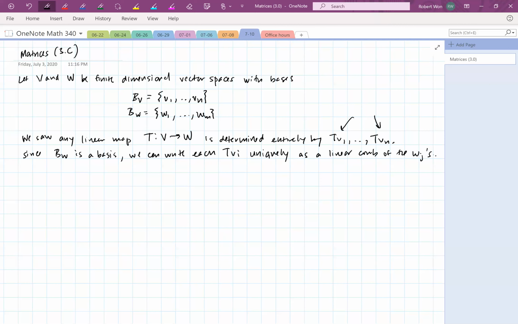So if we just record that information, right, how to write the TVI as a linear combination of the W's, that should contain all the information about T. And that's the information that we put in a matrix to encode the data of the linear transformation T.